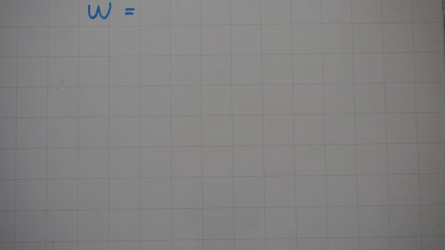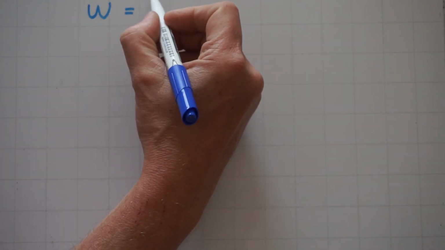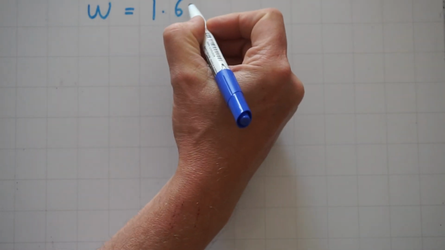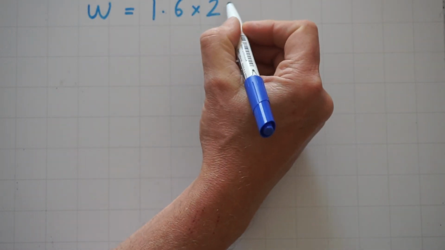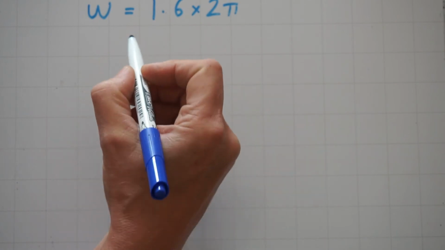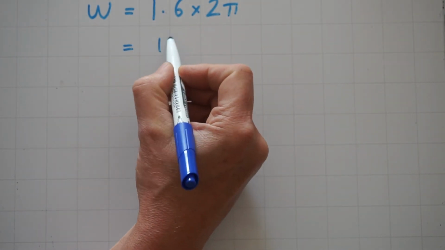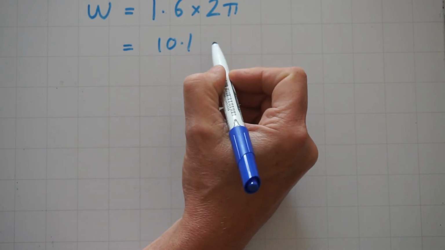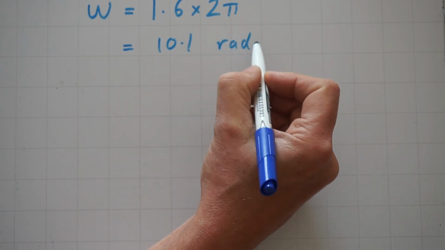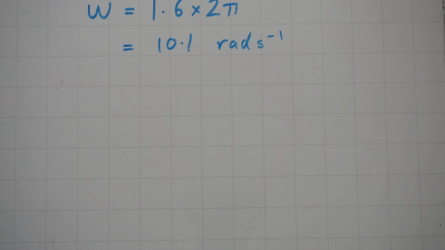To find the value of omega, we need to consider how many radians will be swept out in 1 second. The ball completes 16 revolutions in 10 seconds, so that's 1.6 seconds per revolution. Each revolution will be 2 pi radians, so that gives us a value for omega of 10.1 radians per second.